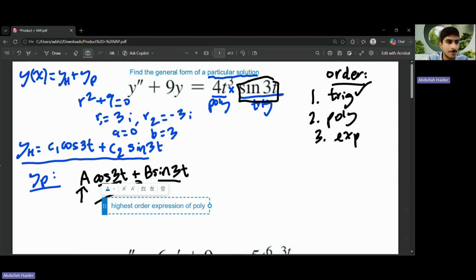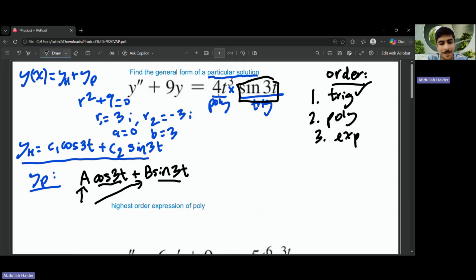What I mean is, since you have t cube here, you can write this as At cube plus Bt squared plus Ct plus D. Basically what we used to do before for the polynomial cases, as we discussed previously. So we will replace these constants by this.